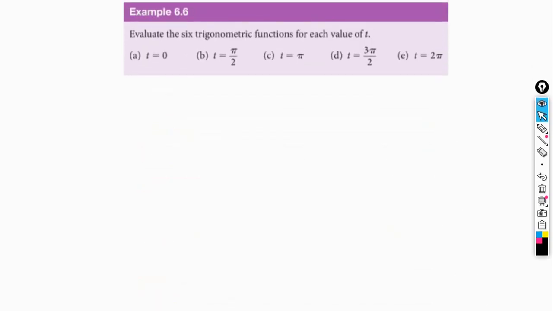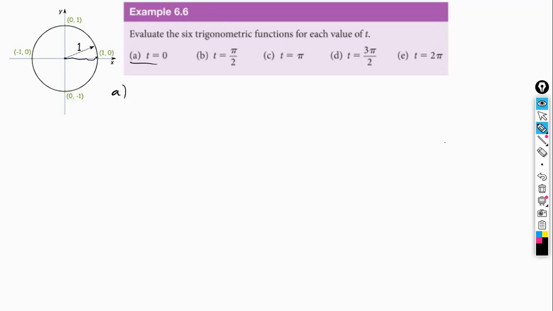So next we have example 6.6, and it says, evaluate the 6 trigonometric functions for each value of t. For this, let's use the unit circle. So for a, t equals 0. That means the angle is 0 degrees or 0 radians, so it would be right there.